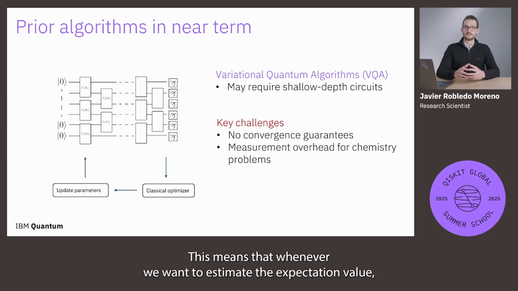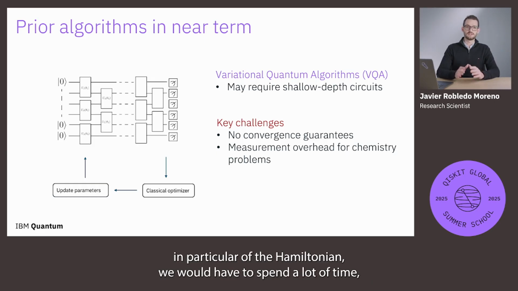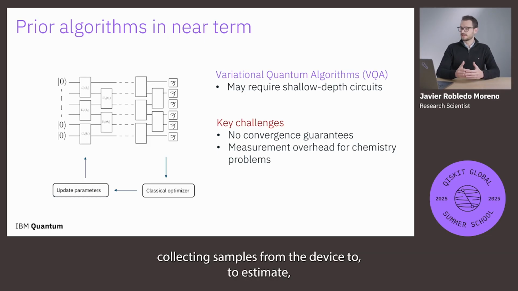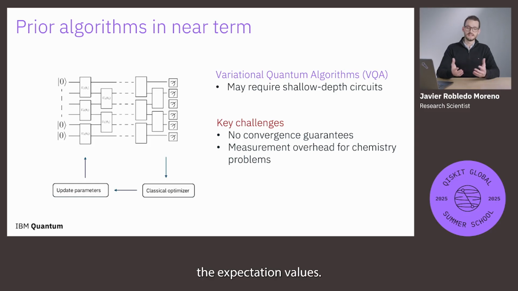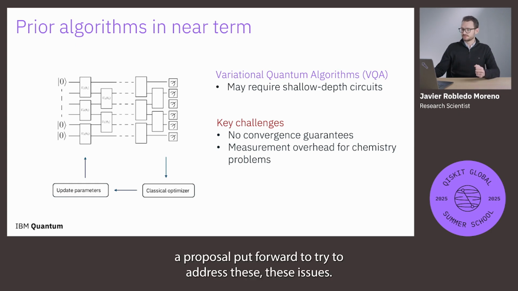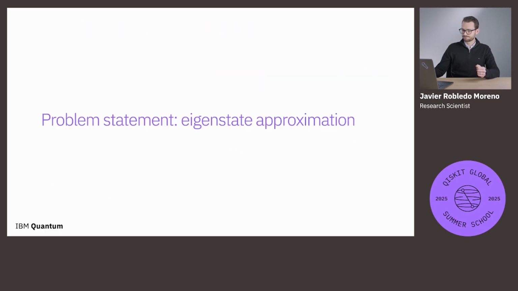This means that whenever we want to estimate the expectation value, in particular of the Hamiltonian, we will have to spend a lot of time collecting samples from the device to estimate the expectation values. Sample-based quantum diagonalization is a proposal put forward to try to address these issues.